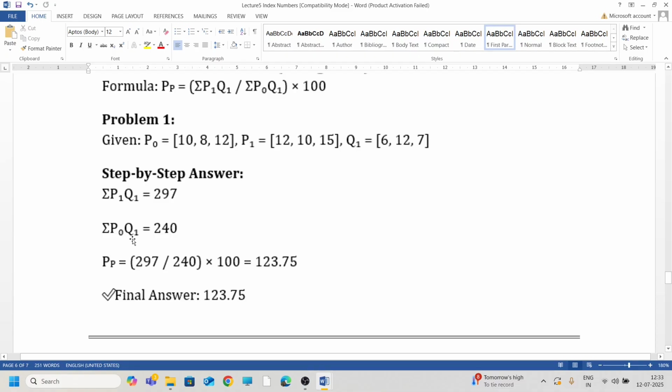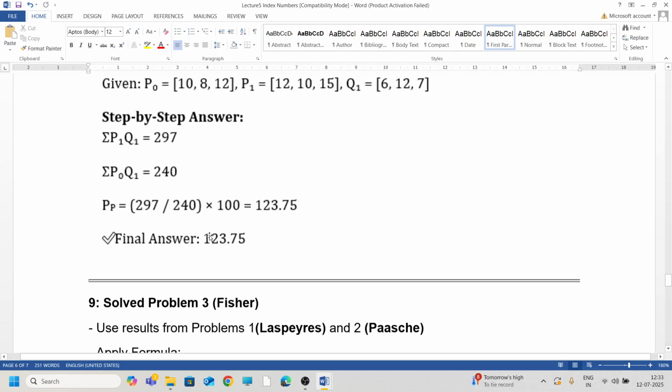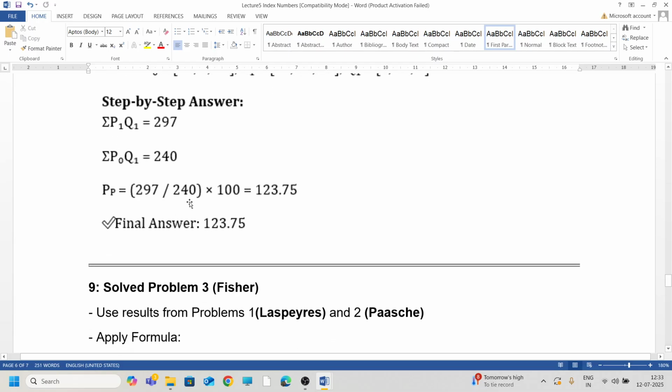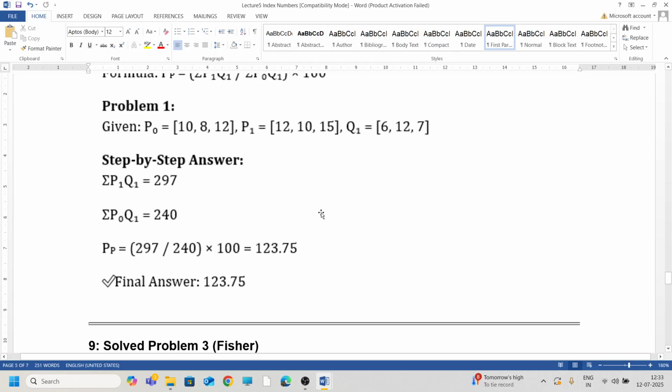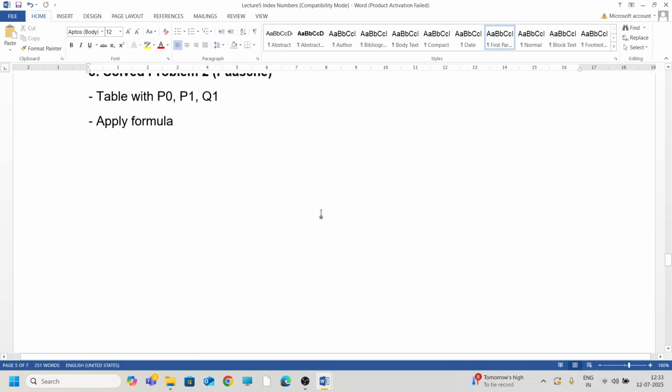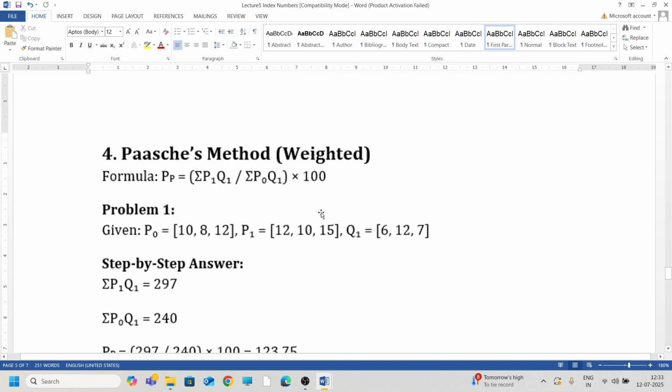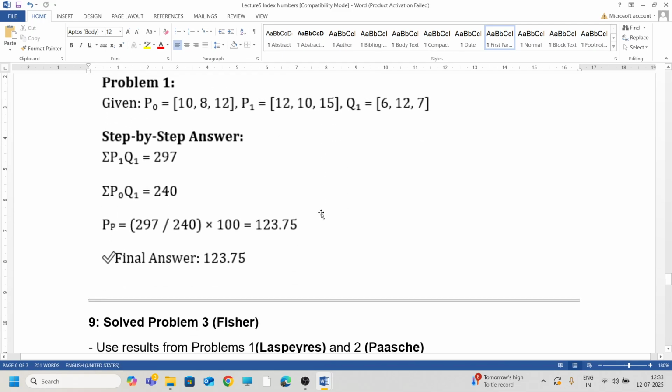Multiply and add. That's it. Okay. So PP equals 297 divided by 240 into 100. It gives 123.75. So on comparing the Laspeyres and Paasche, the values are close: 123.89 and 123.75.